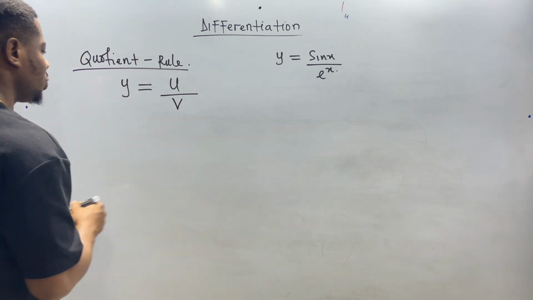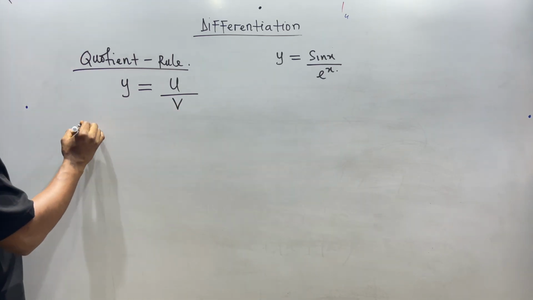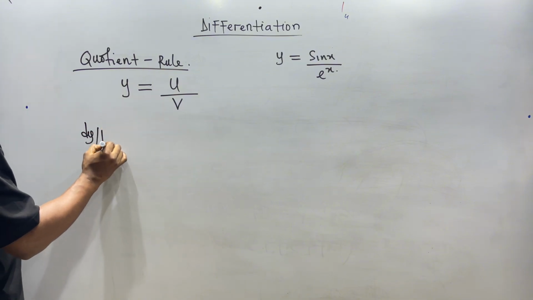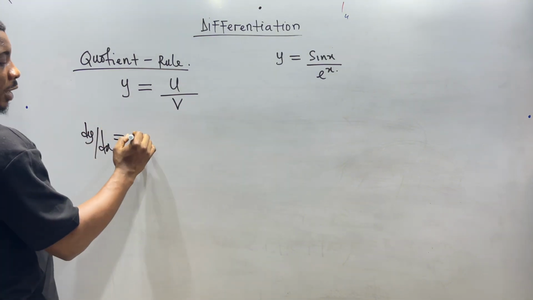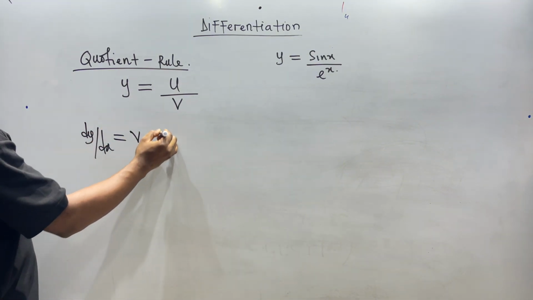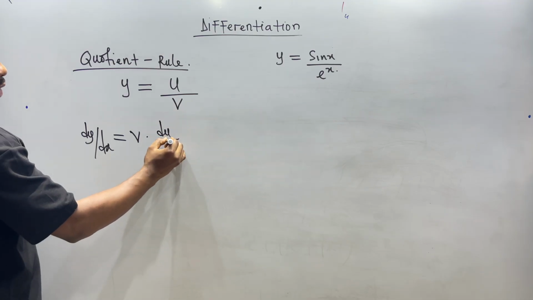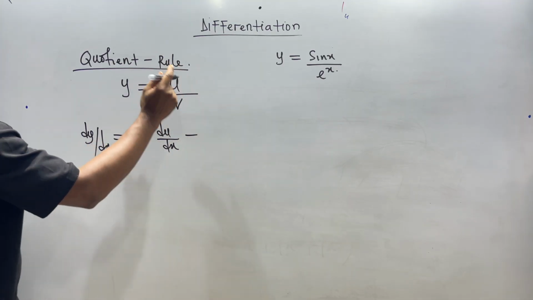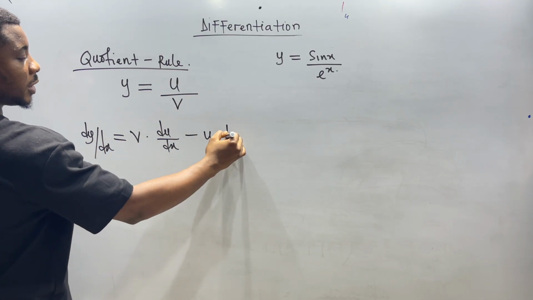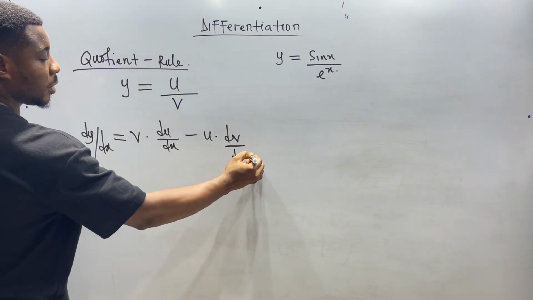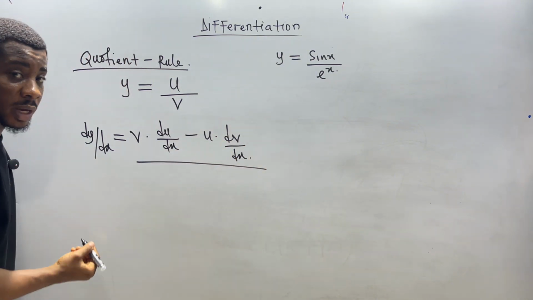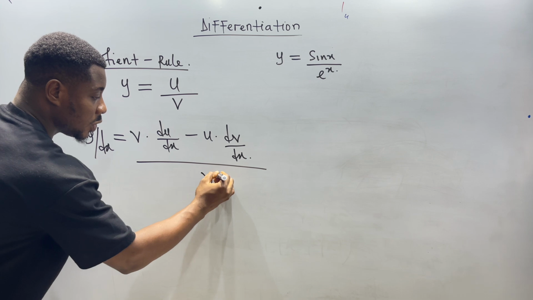Okay. Now what does quotient rule tell you? It tells you that if I have something like this, then the derivative is going to be: keep the bottom, differentiate the top, minus keep the top, differentiate the bottom, divided by square the bottom, which is bottom squared.